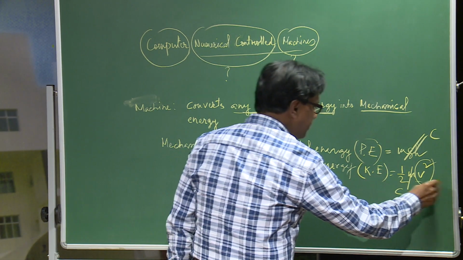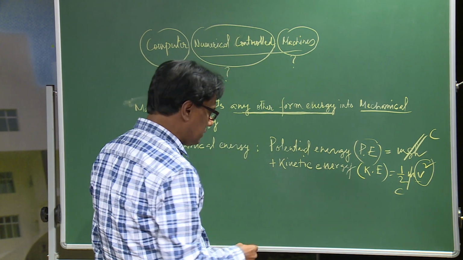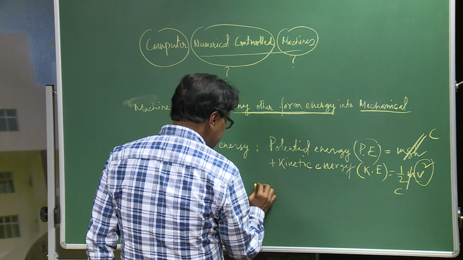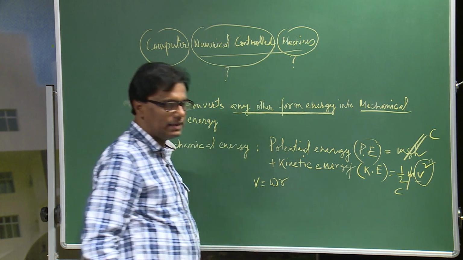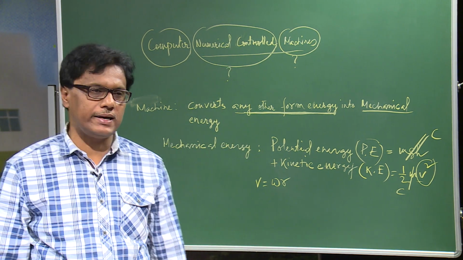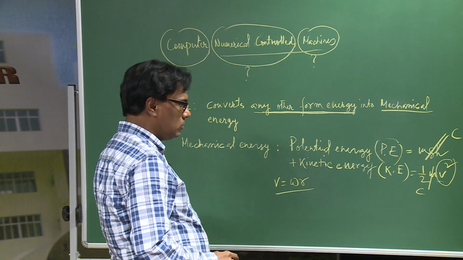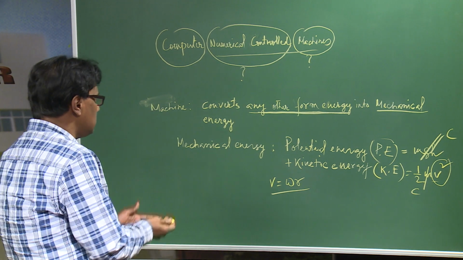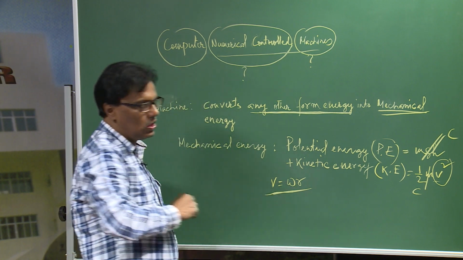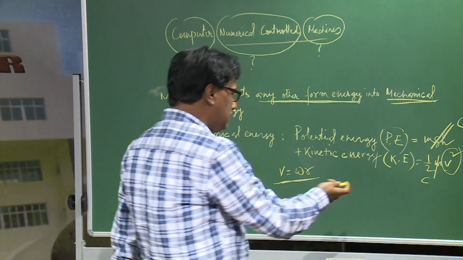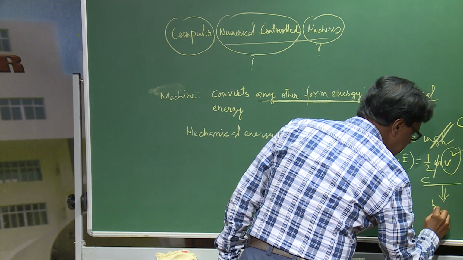That velocity may be linear or may be rotational. Of course, if it is rotational, then I can quantify this as V is equal to omega r. So, this velocity is used for getting some work. This energy is converted into work in machines.